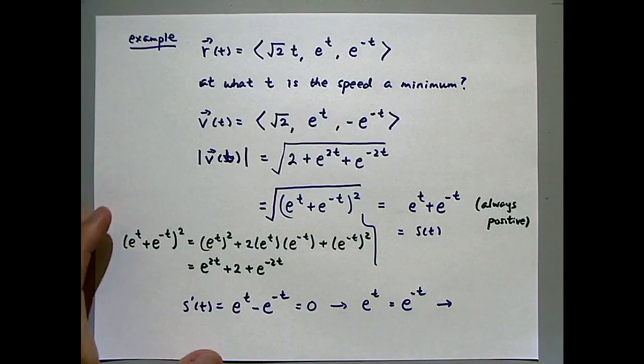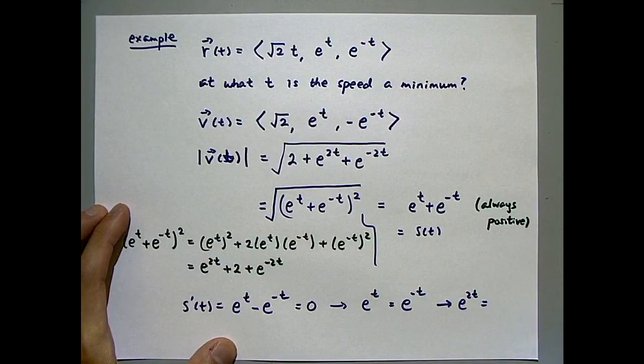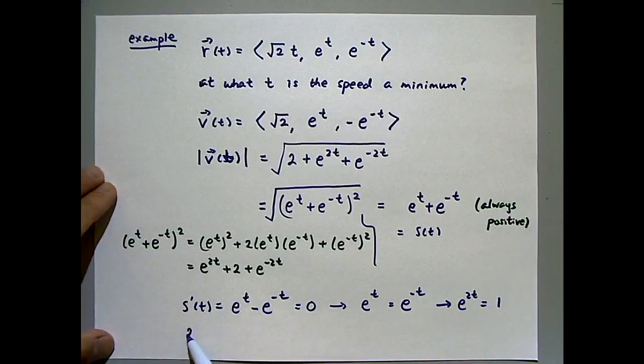If I multiply both sides by e to the t, I get e to the 2t is equal to 1, right? So this seems pretty obvious. The only way this can be true is if 2t is equal to 0. So t is equal to 0.